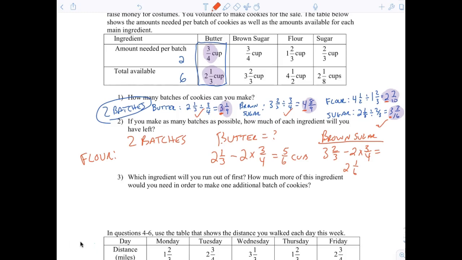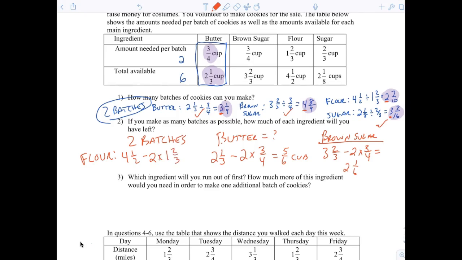You started with 4 and a half. Right? And how many batches am I making? 2. And how much is each batch? 1 and 2/3 cups of flour for one batch.